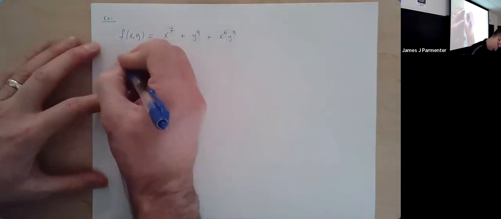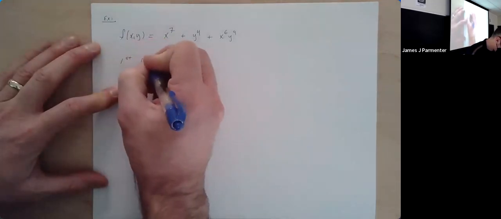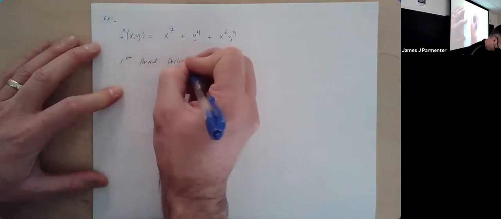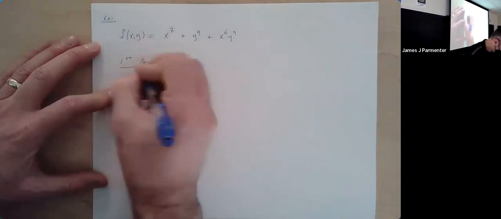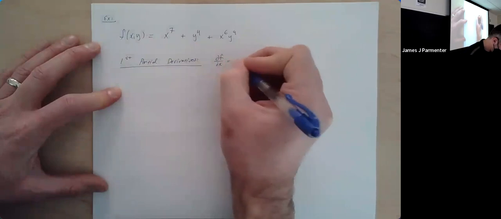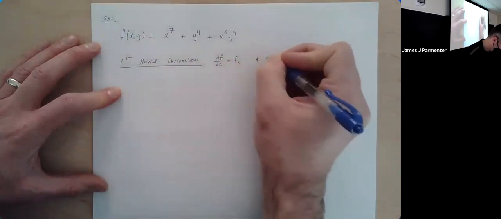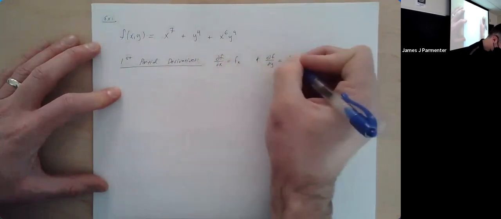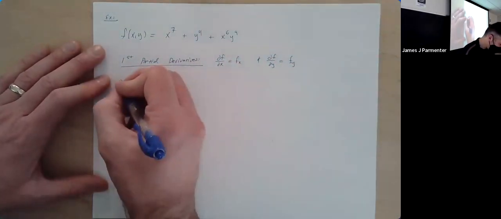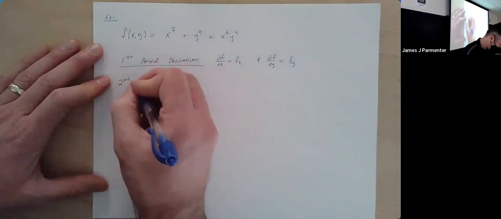So we're going to find the first partial derivatives, which I'm going to write down. I'm going to write down all the things first, and then we'll find them. The first partial derivatives are just either del f del x or fx, and del f del y, which is fy. And then the second partial derivatives, now people use some different language here.